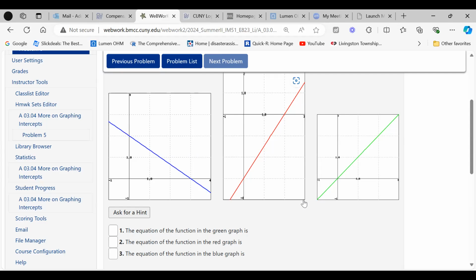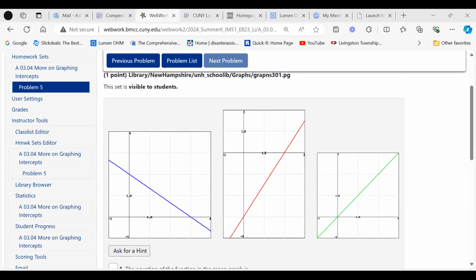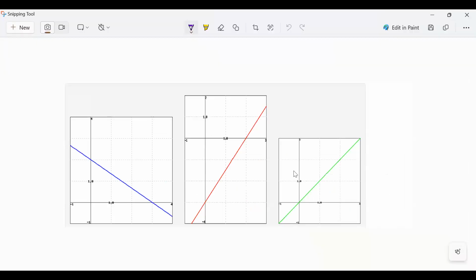So I'll give you some time and let's see if you can figure this out. You can use slope and y-intercept, right? Screenshot this. Start with the green one.